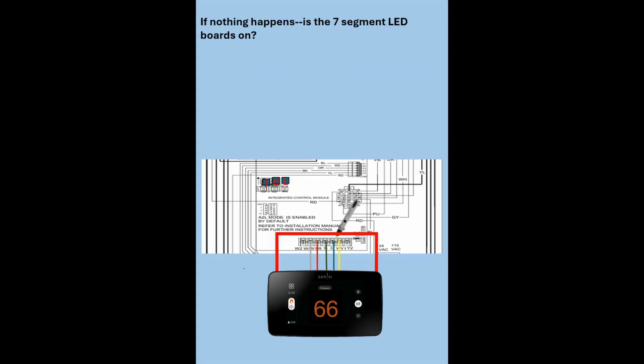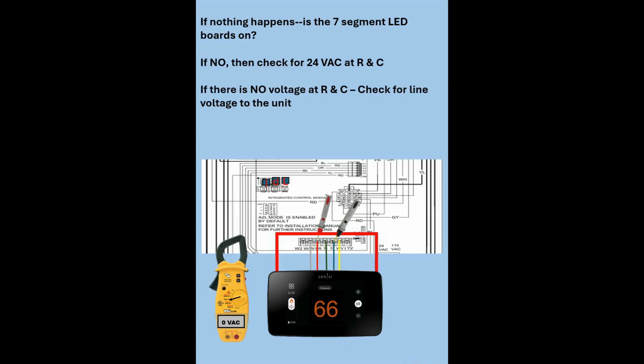If nothing happens, is the 7-segment LED board on? Do you see idle or something here on those? If no, then check for 24 volts AC at R and C. If you had 0 volts, check the line voltage to the unit.